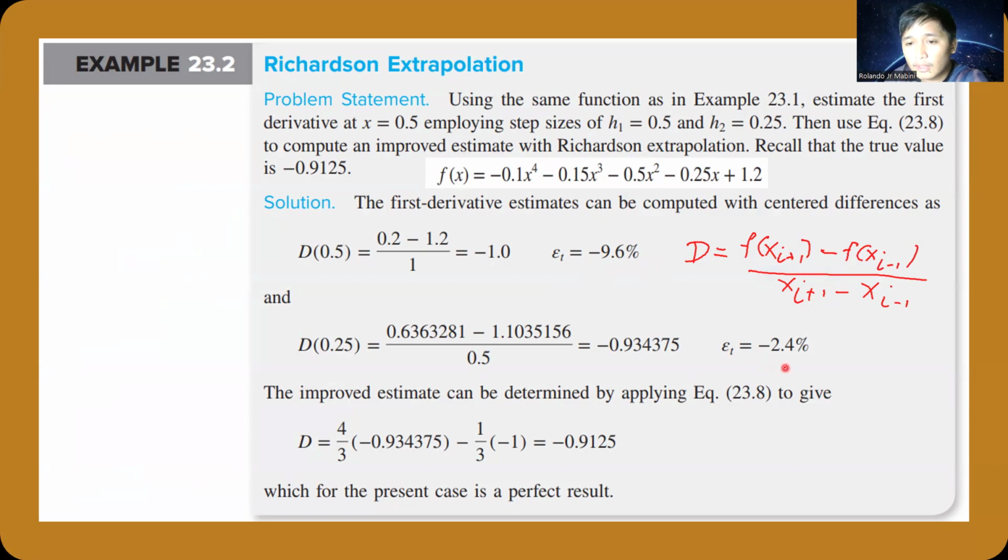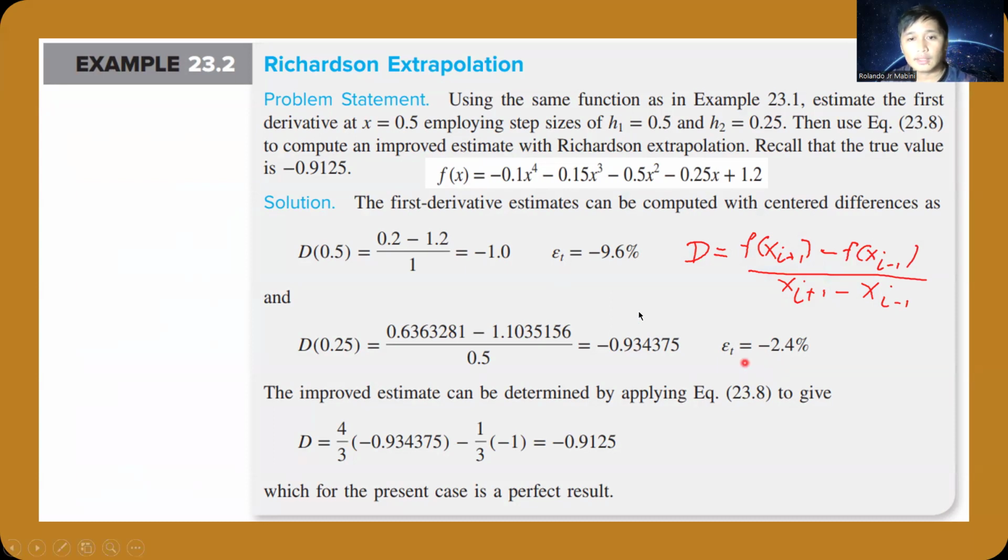I remember earlier that the values computed in example 4.4, the most accurate among the three values in the forward, backward, and center difference, the center difference is the most accurate for the step sizes 0.5 and 0.25.